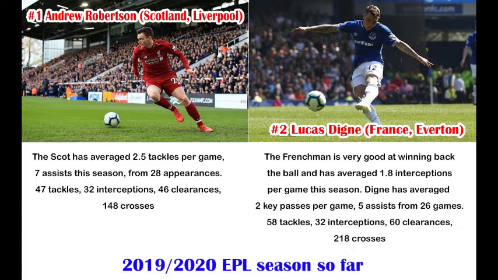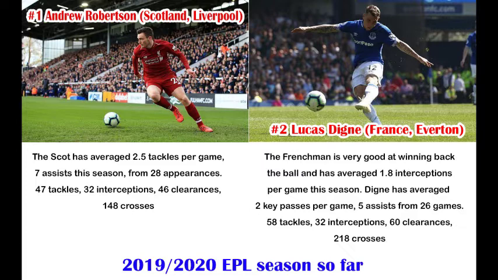Robertson beat him in terms of assists, but for the entire season, including all competitions, I think Digne had scored some goals as well. I don't remember if it was 5 goals; it's not shown on my stats. I think Robertson only scored 1 in all competitions this season.